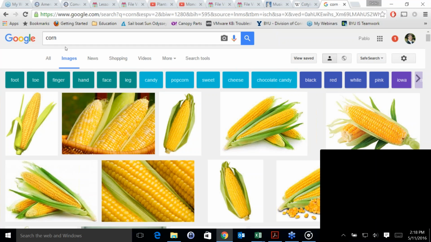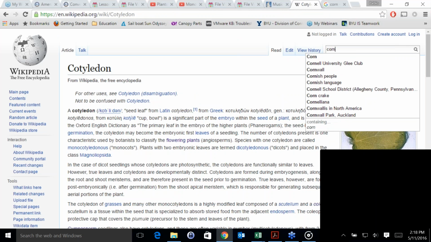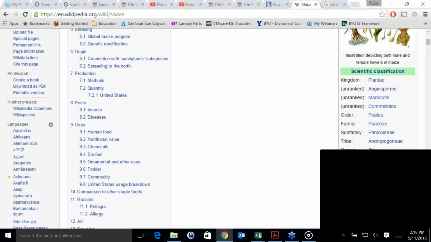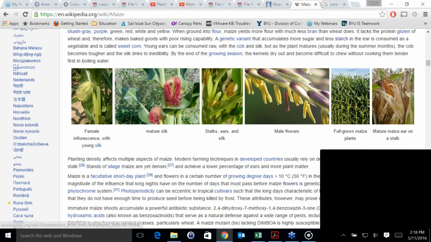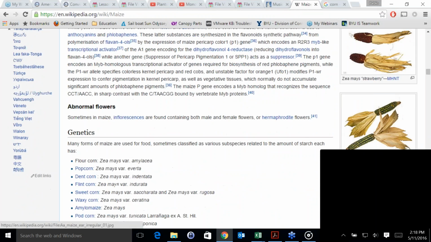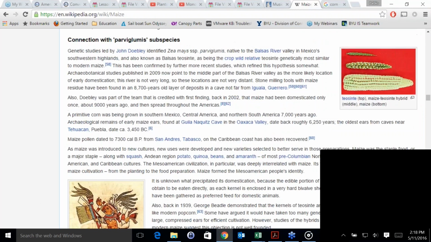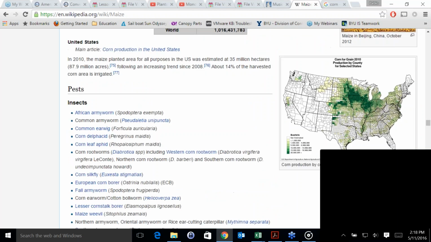All right, and when you look at the corn, let's see if we have. Maize is another name for the corn seed, but I'm trying to see if I can find a good picture of the corn seed and the schematic. So I don't see one.